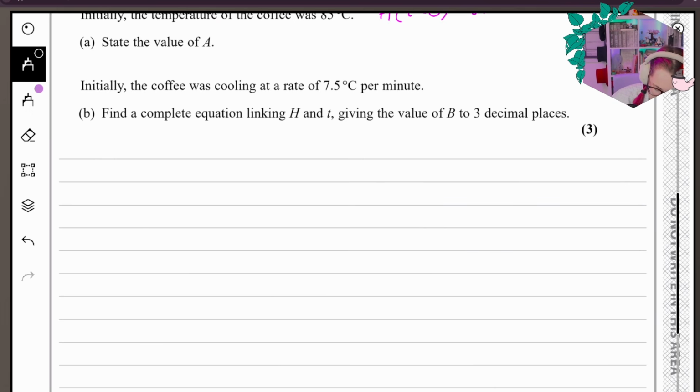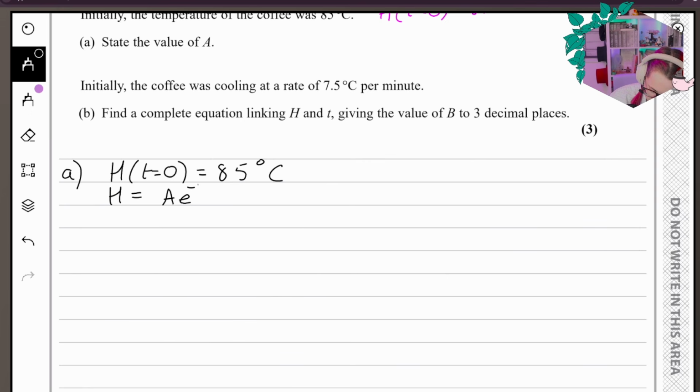So, part A of this, we have, as I say, H of T equals 0 is 85 degrees. And H, as a general expression, is A e to the minus BT plus 30. So we can just plug in the values and see what happens. So H of 0 is A e to the minus B times 0 plus 30.